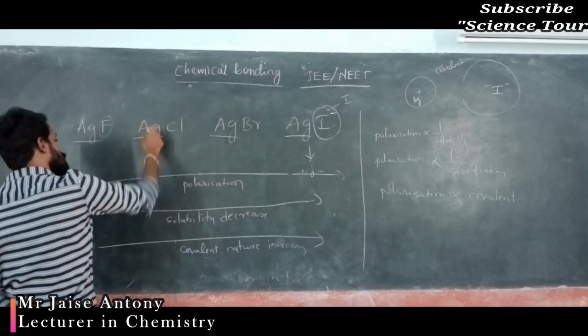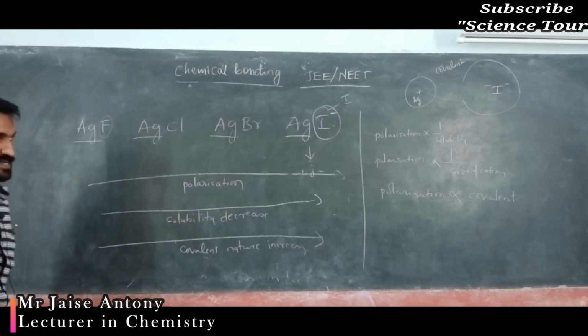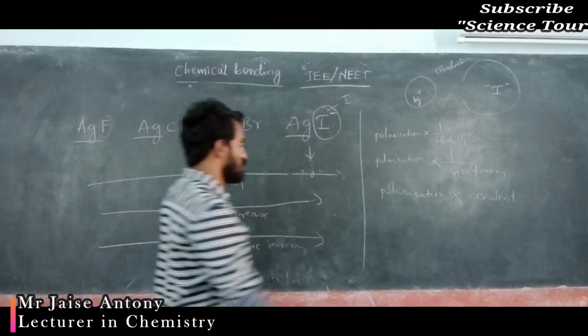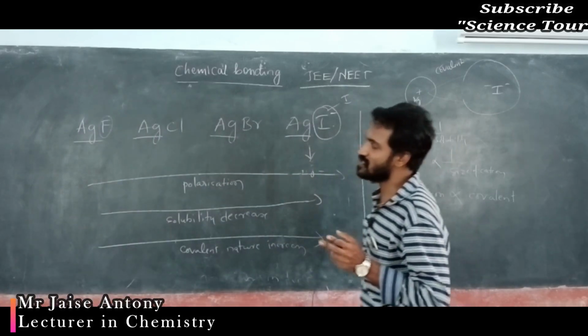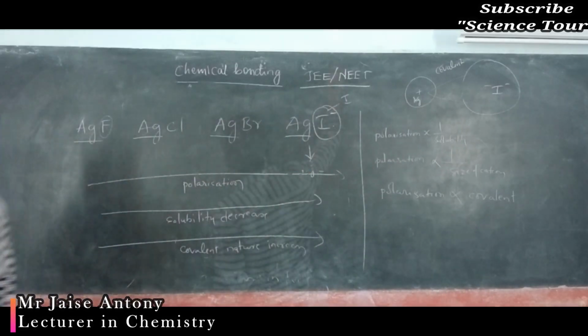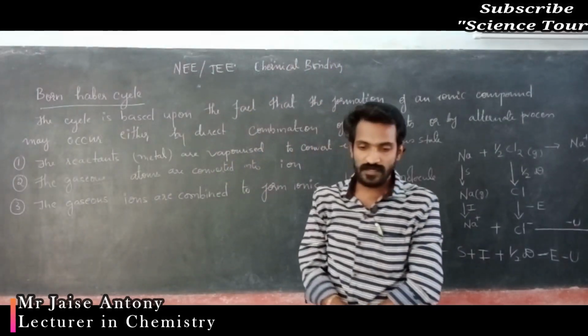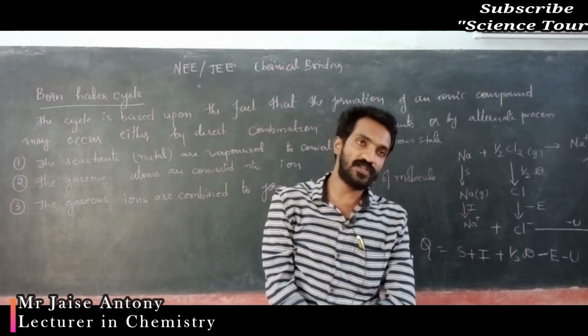You should know this part clearly, otherwise it is very difficult to understand the concept. My dear students, in the earlier video, just go through that link, it is there.